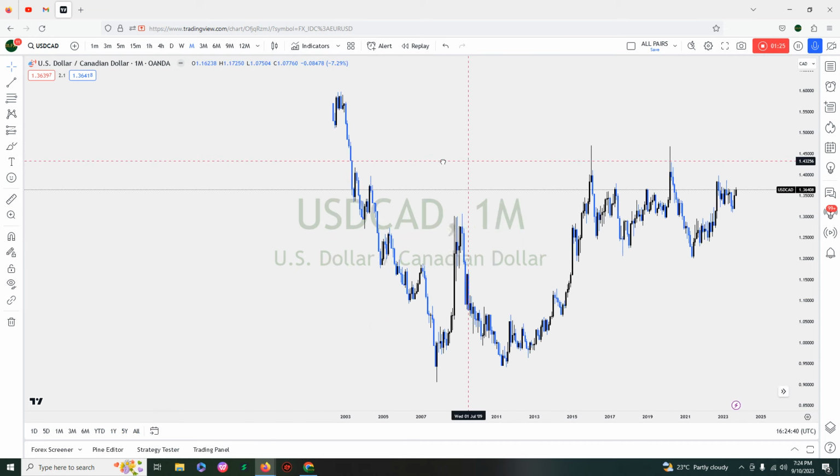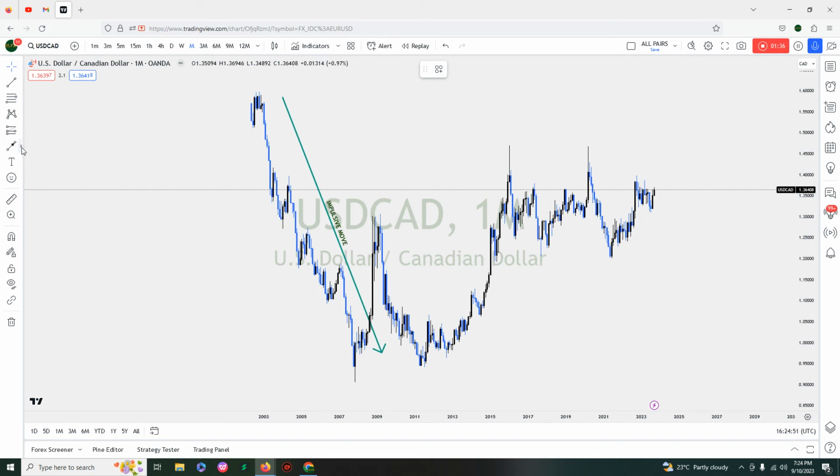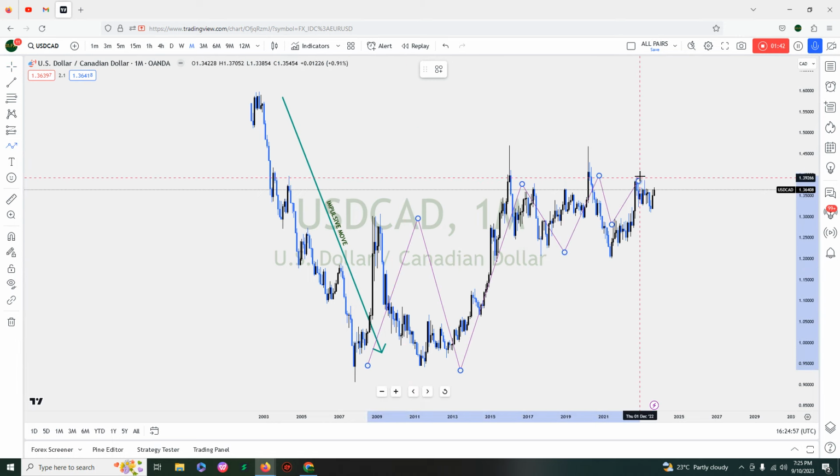Now, on this monthly time frame, this is what you will see. We have this impulsive move down here, and then we have a correction. So that is what we have presently.